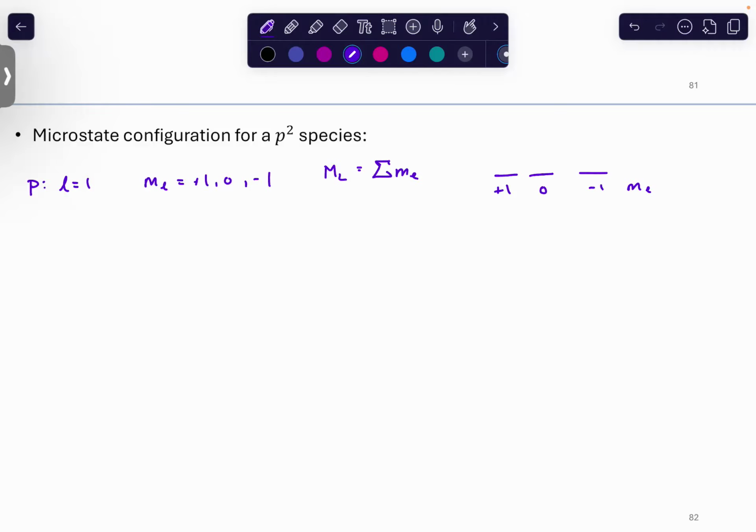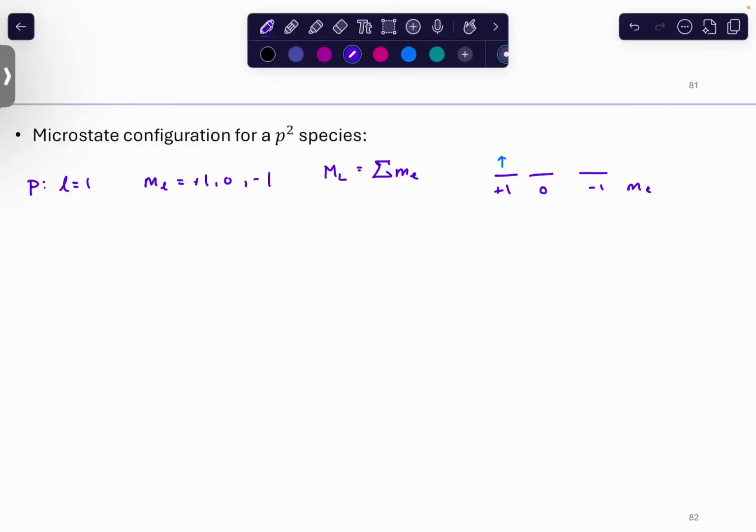Now, where could the electrons be? They could both be there. They could be there. They could be like this. Well, we could have a down spin there. So you're getting the point. There's a bunch of different combinations of these electrons in these 3 orbitals.